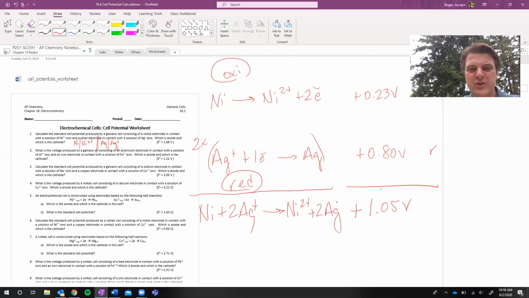Which is the anode, which is the cathode? Well, we remember red cat, the reduction occurs at the cathode. So the silver electrode is the cathode, and the nickel electrode is the anode.